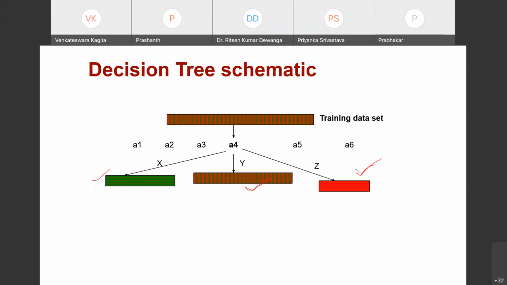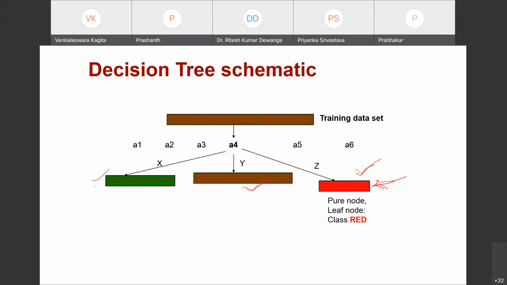If you see this node, which is pure red, it means all the instances with value Z on attribute A4 are taking target value red. It means it is a pure node, because all the instances belong to the same class, the red class.